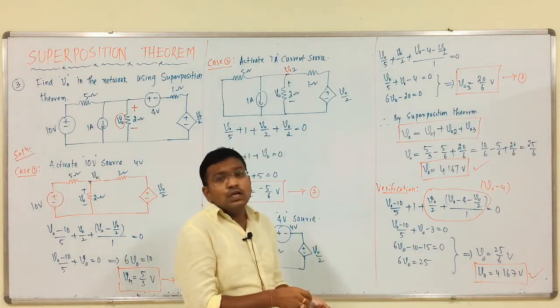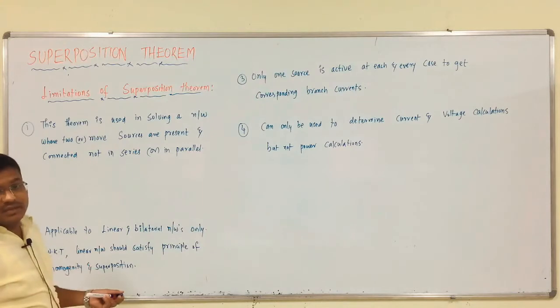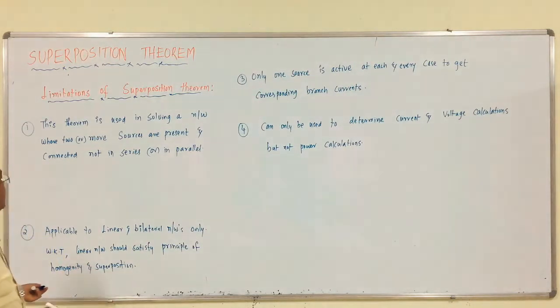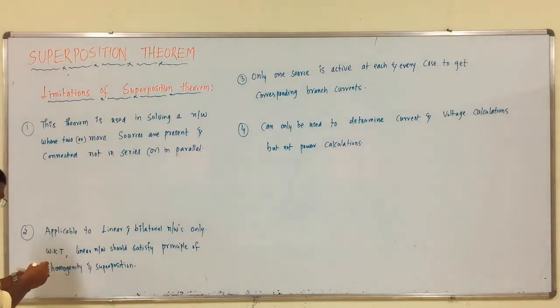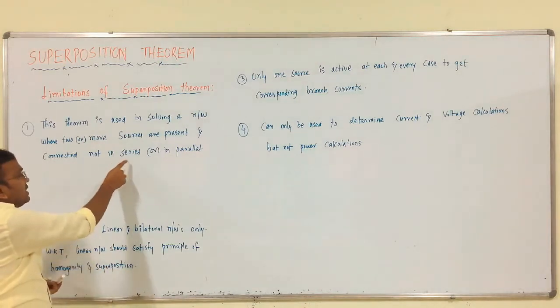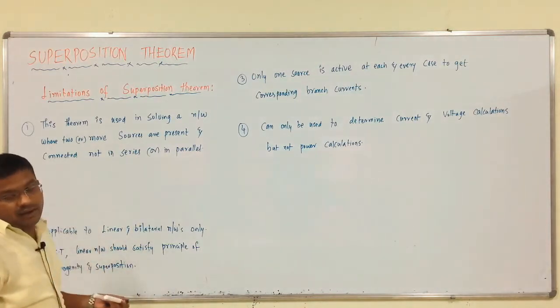This is about superposition theorem. Let us discuss the limitations of superposition theorem. So, first point is, this theorem is used in solving a network where two or more sources are present and connected not in series or in parallel.